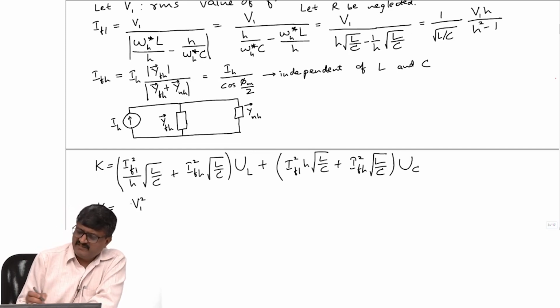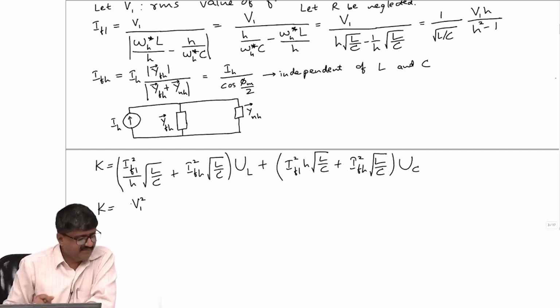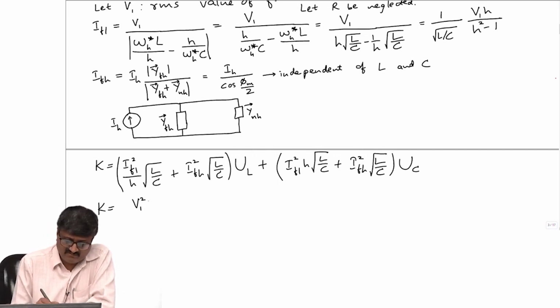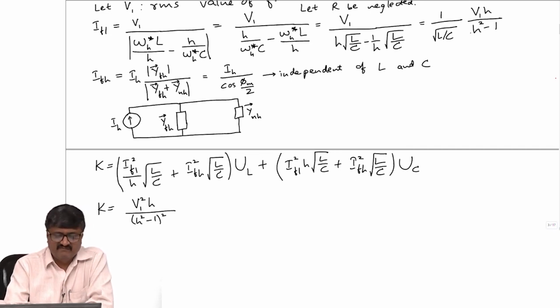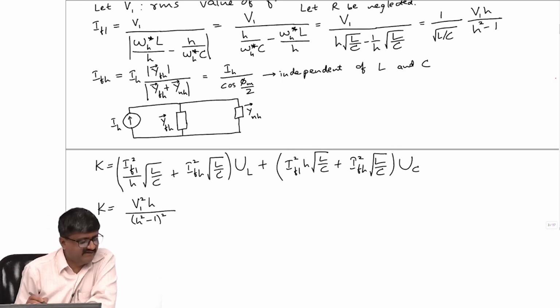There is an H in the denominator also, so that results in V1 squared H divided by H square minus 1 whole square, and there is a 1 by root L by C in the expression for I1. In the cost expression also I have a root L by C, so effectively it results in 1 by root L by C into UL. So that is the first term.